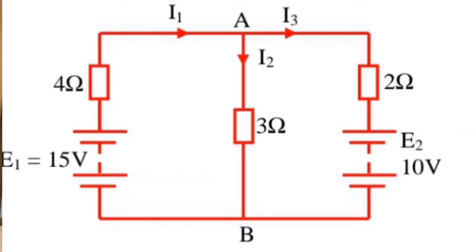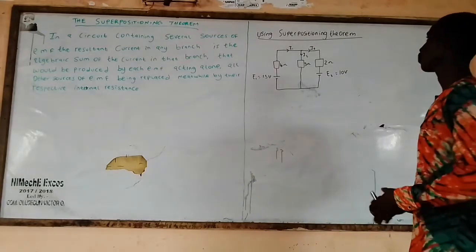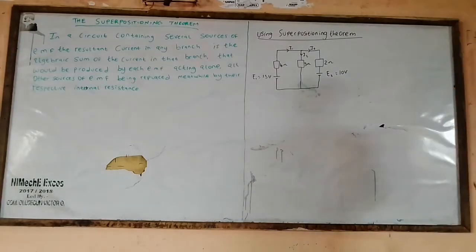Call these 2 ohm, 3 ohm, 4 ohm. And we have currents I1 here, I2 here, I3 here. And we have to determine the currents in this portion of the circuit using the superposition theorem.